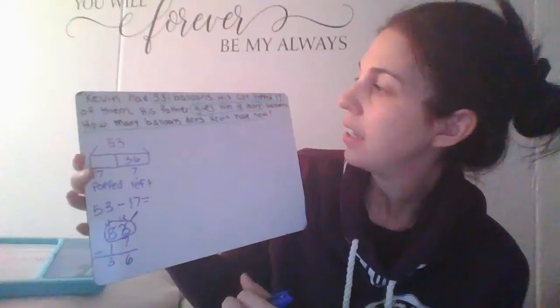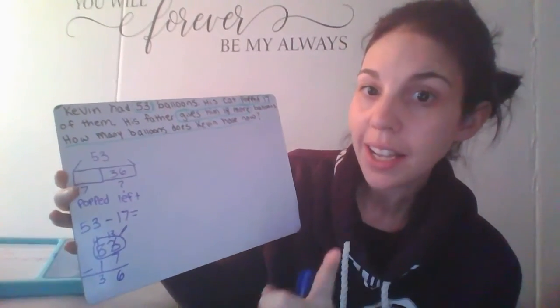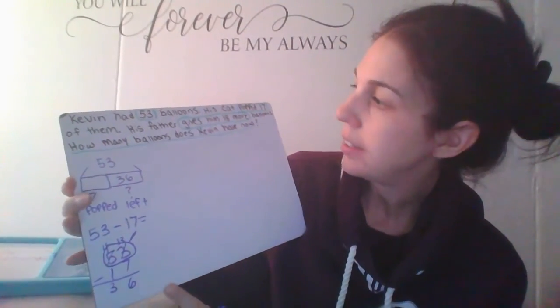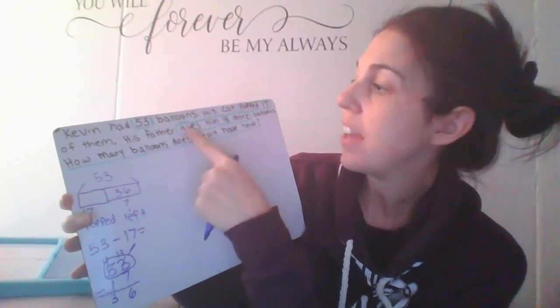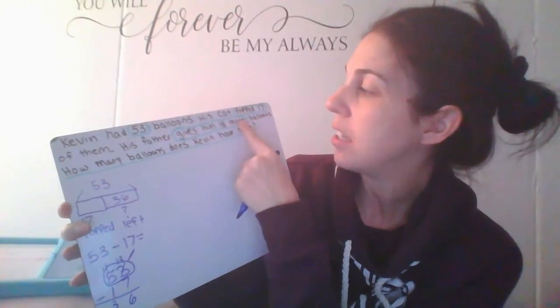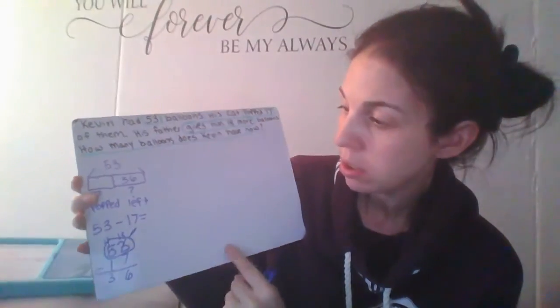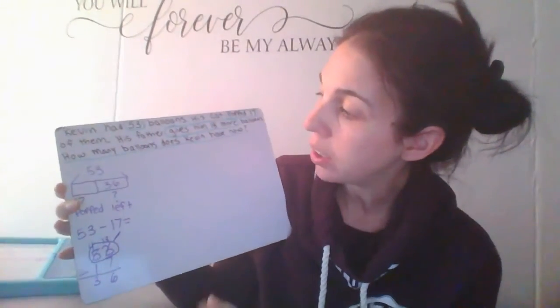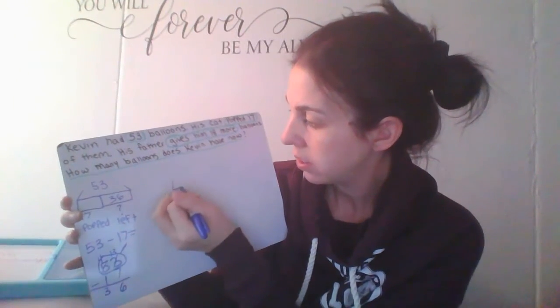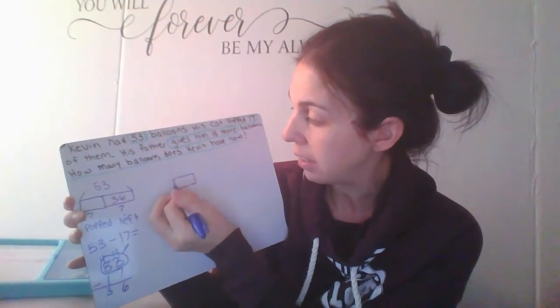So we know he has 36 left, okay? But we're not done. That was just step one. Now, so he pops them, now we know. Okay, his father gives him 18 more balloons. So he's giving him 18 more. So right now he's got 36. I'm going to do a new tape diagram.